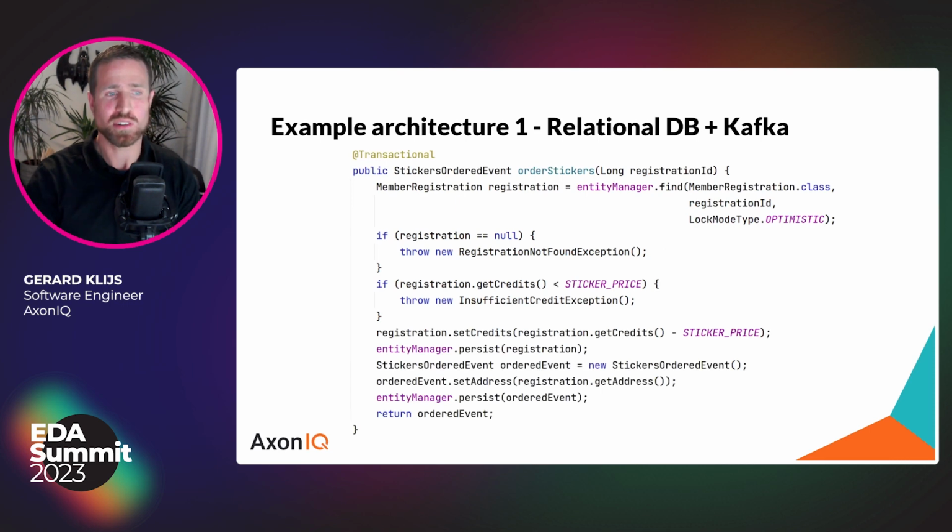But if it's fine, then we both change the credits, deducted by 30, and we also create a stickers ordered event. And since that stickers ordered event is created in the same transaction, we can then use it via Debezium to share it with other applications, and then we're sure they're always in sync.